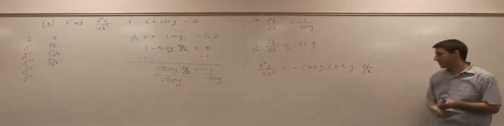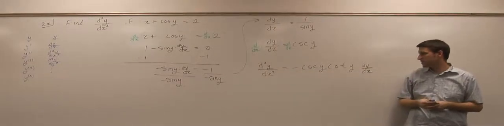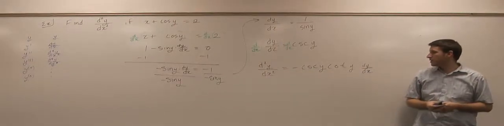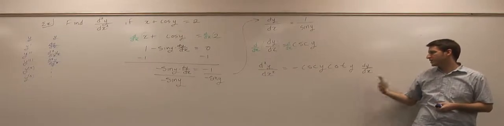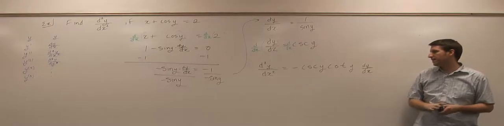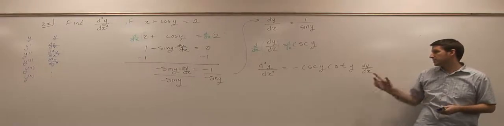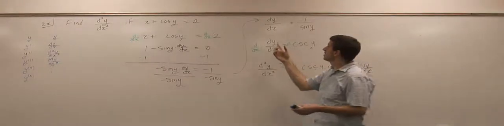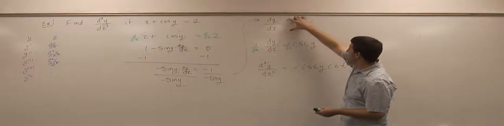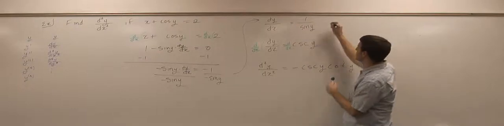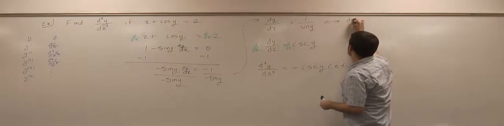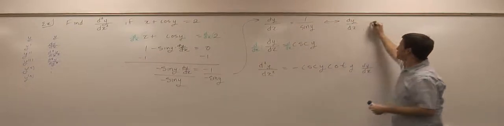So this is the second derivative, but it's kind of ugly. It's in its ugliest form, right? Because I really don't want an extra dy dx in there if I can help it. And it turns out I can help it because back here, I have what dy dx equals. Remember, we ended up with dy dx equals cosecant y.